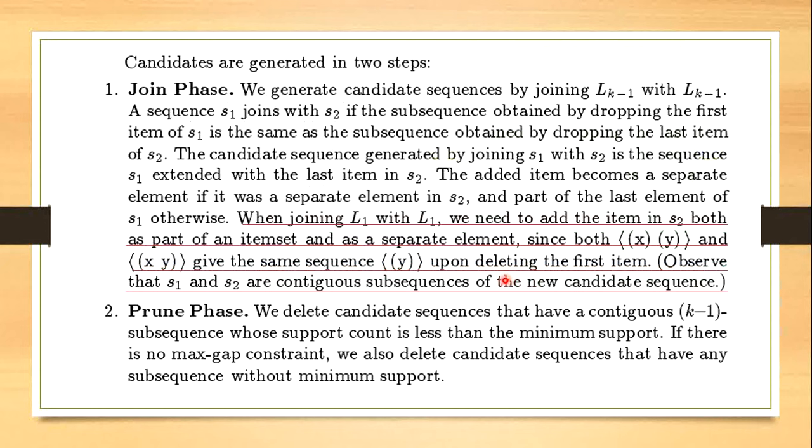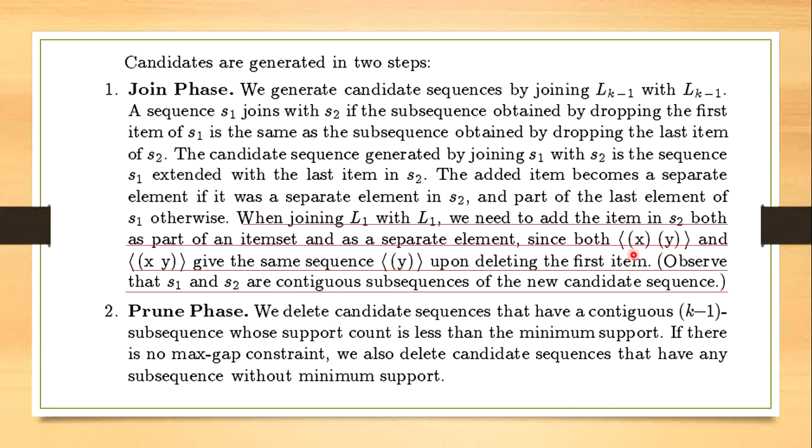After getting the 1 length sequences, we have to extract 2 length sequences. To generate 2 length candidate sequences, we have 2 phases, similar to the Apriori algorithm: the join phase and the prune phase. When we join L1 with L1, we take X as a 1 length sequence and Y as a 1 length sequence.